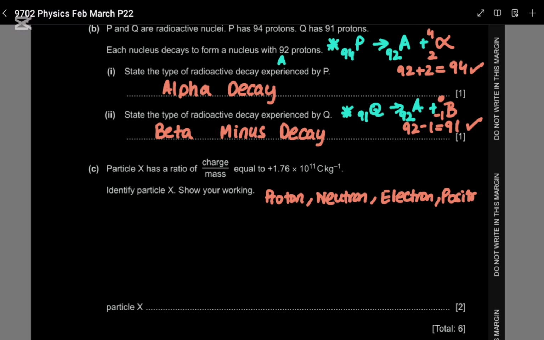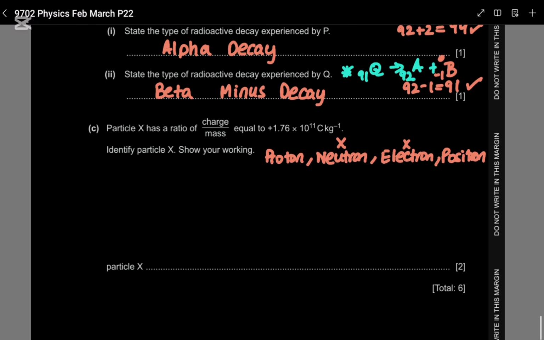These are the common particles we know. It can't be neutron, immediately eliminated, because neutron does not have a charge, so its charge to mass ratio is going to be 0. For electron also we can eliminate it, because the charge to mass ratio is positive, not negative. So electron is negative, so we eliminate it.